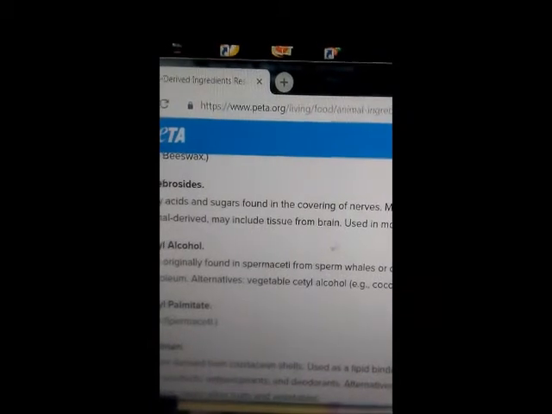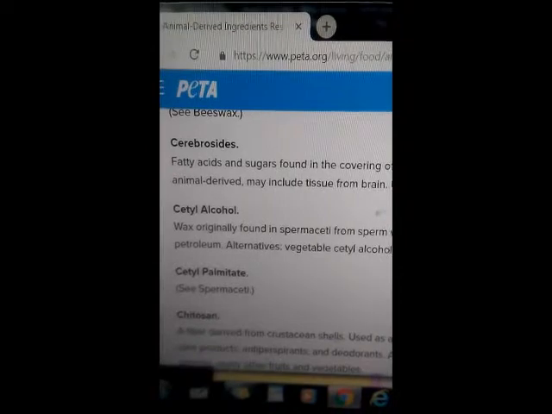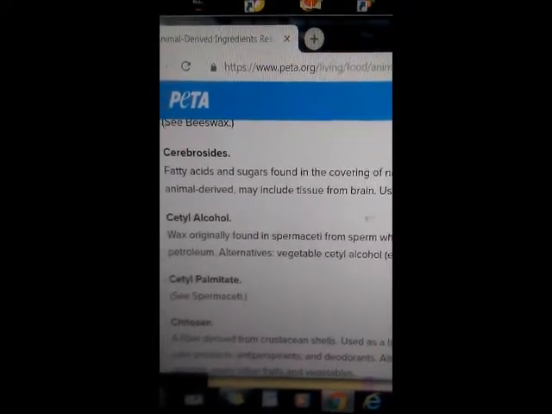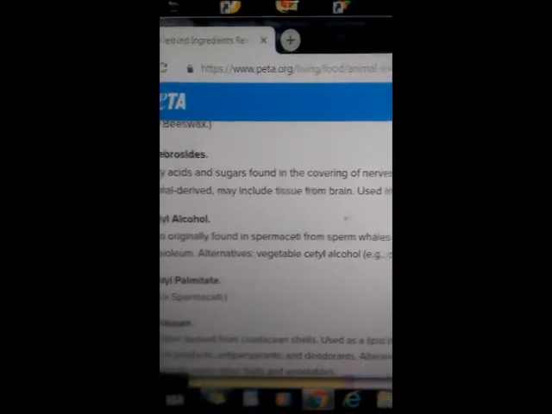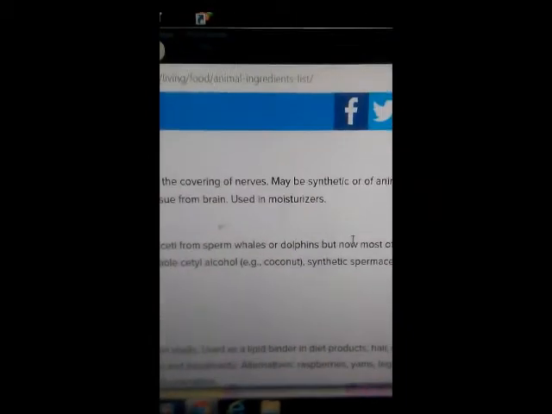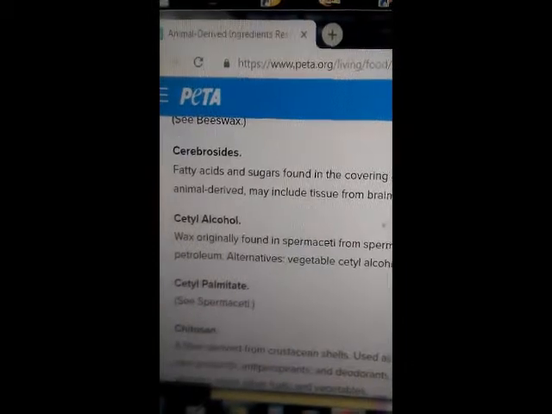When animal derived, may include tissues from the brain, used in moisturizers. Okay, so we've got wax. Originally, we've got cetyl alcohol, a wax originally found in spermaceti from sperm whales or dolphins, but now most often derived from petroleum.